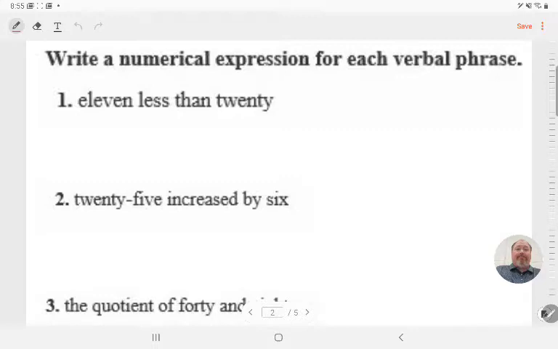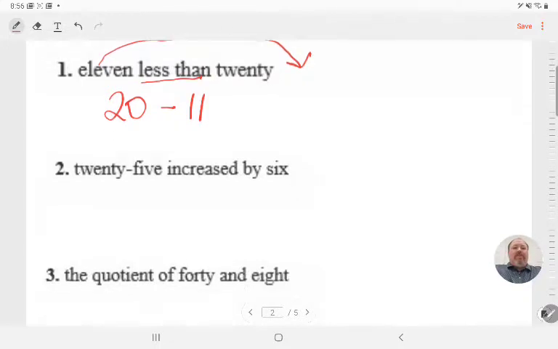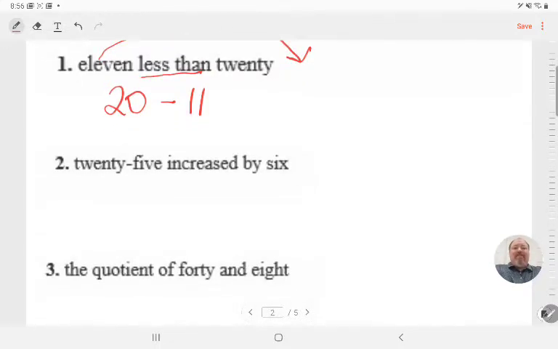All right, welcome back. Let's see. So number 1 says 11 less than 20. So less than is our key word that we're looking at, and that means to move the number before it after. So it would be 20 minus 11, okay? So 20 minus 11. And then number 2, we have 25 increased by 6.